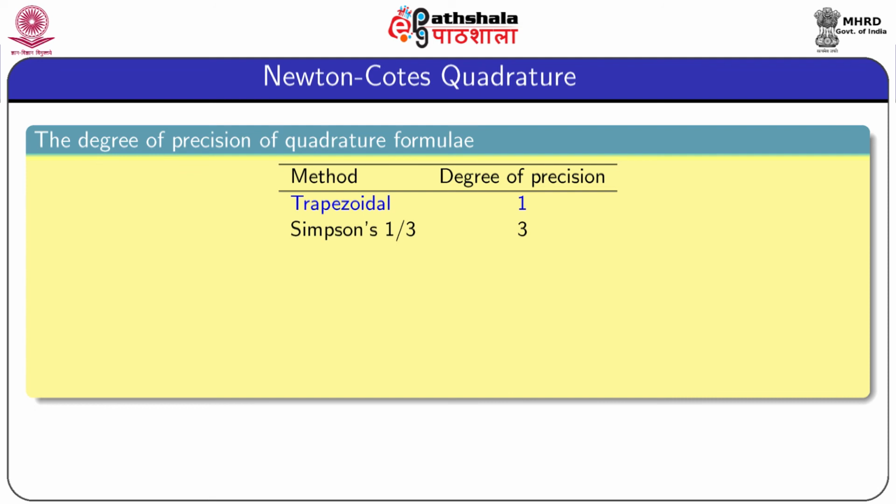That means the Simpson 1/3 formula gives an exact result if the polynomial is of degree 3 or less. The degree of precision of Simpson 3/8 formula is 3, which is equal to that of Simpson 1/3 formula.